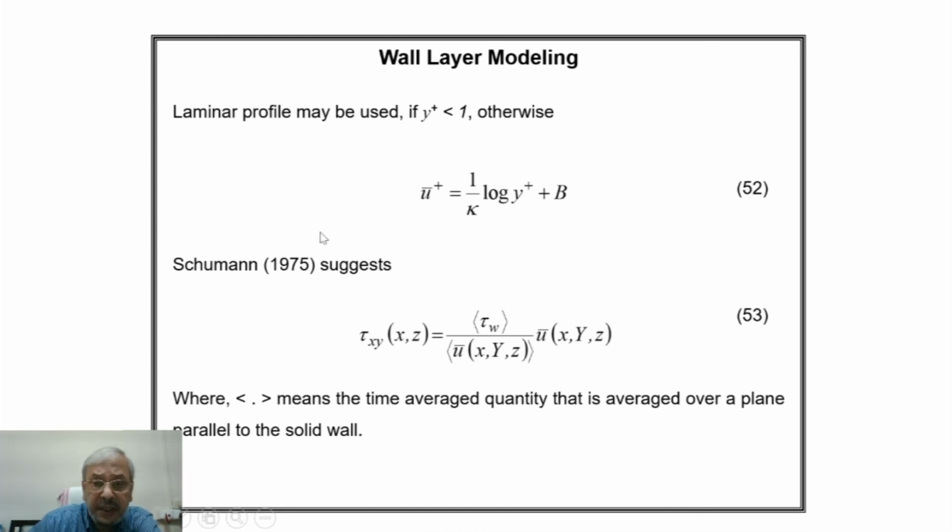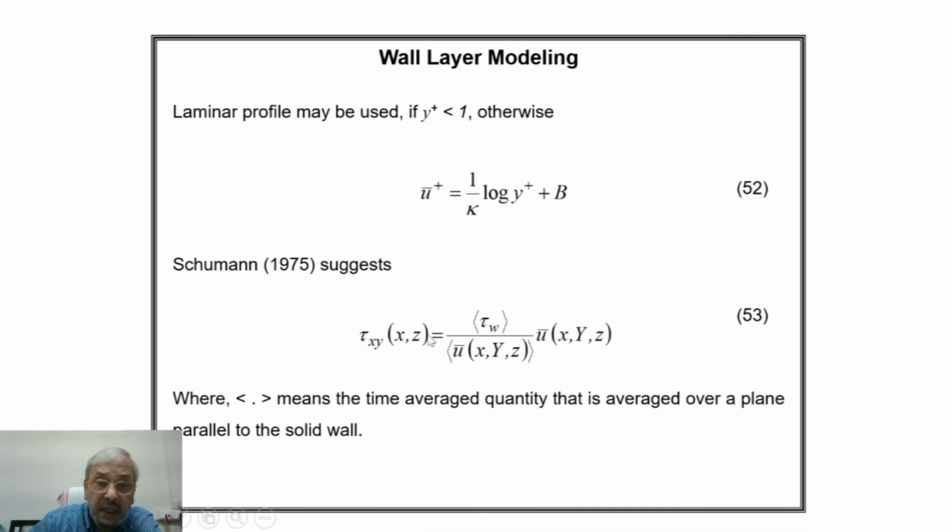And there is another prescription by Schumann. Schumann is a very well known LES contributor from the University of Munich. So this is calculating the wall shear stress from the current level of filtered values.